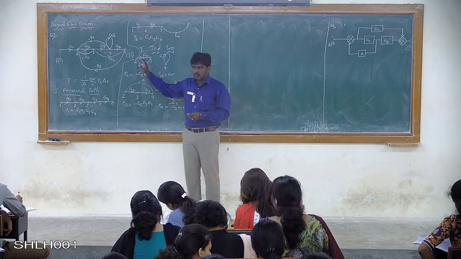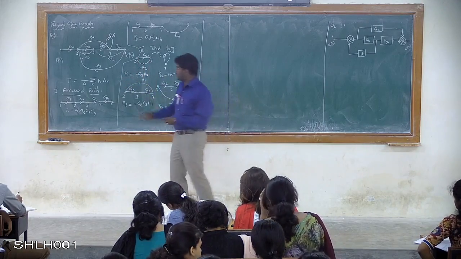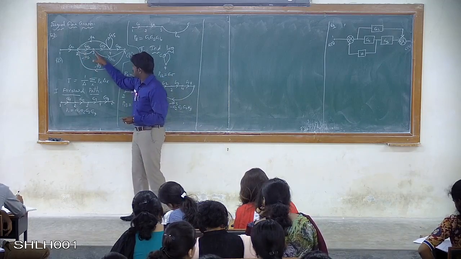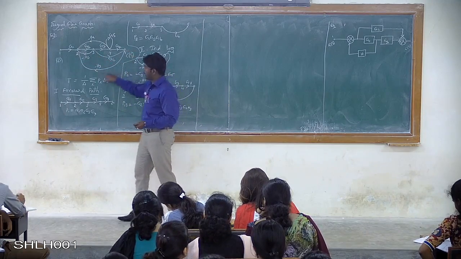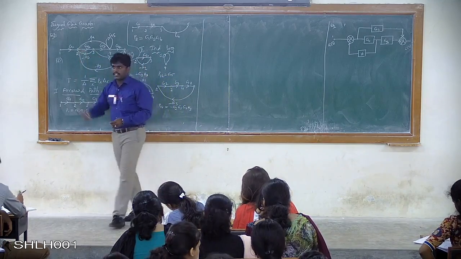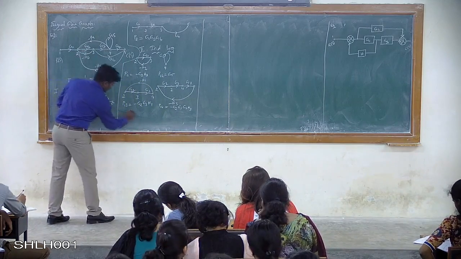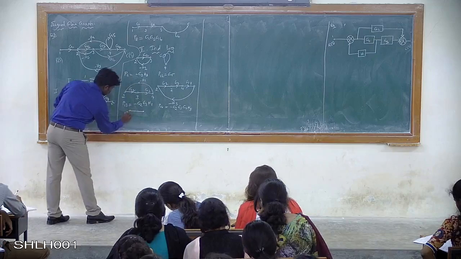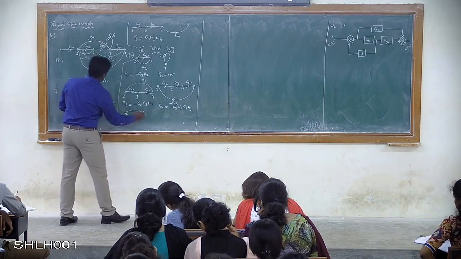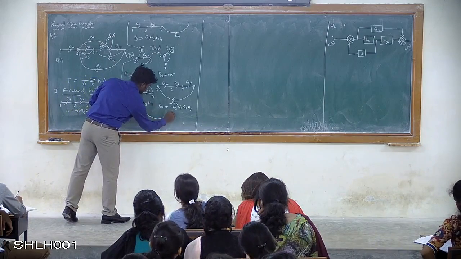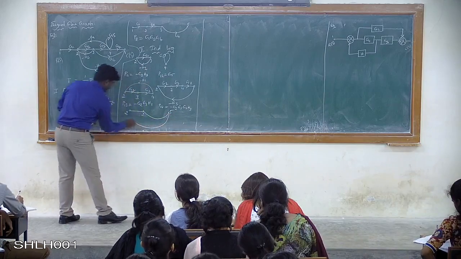Yes or no? Yes. What is it? 2 to 3, then 3 to 5, then 5 back to 2. Right? So that also can be taken as one individual loop. So I am writing down the individual loop 2 to 3, then 3 to 5, then 5 back to 2.